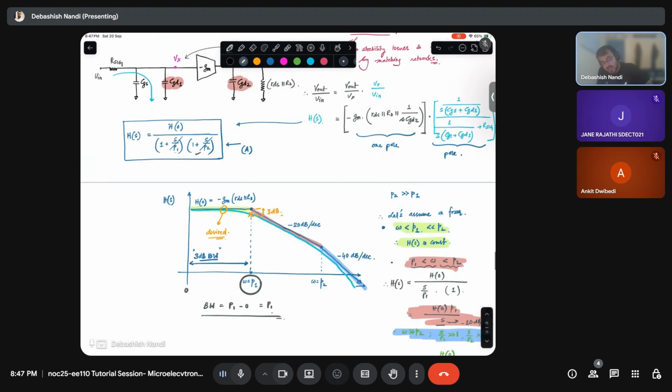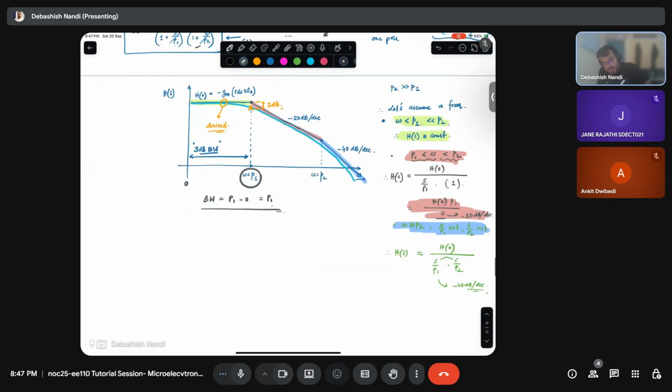If you calculate from this the value of P1 and then calculate the value of bandwidth, you will see that this is coming around 14 megahertz, and this will come approximately around 300 megahertz.